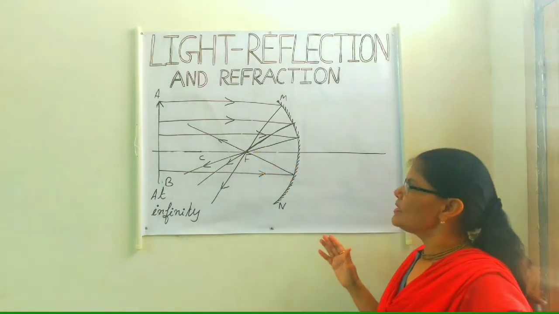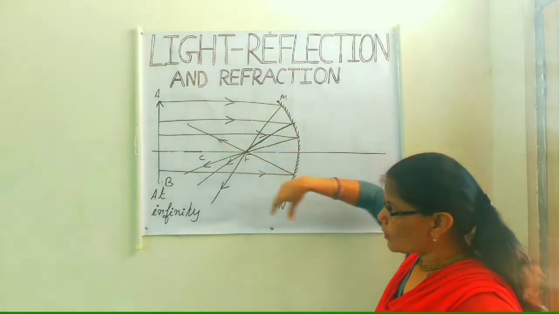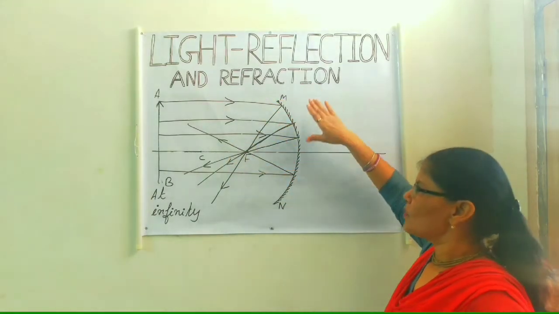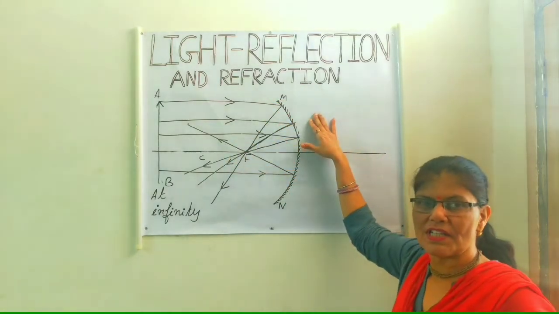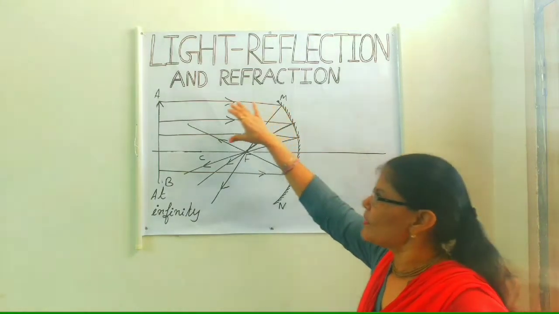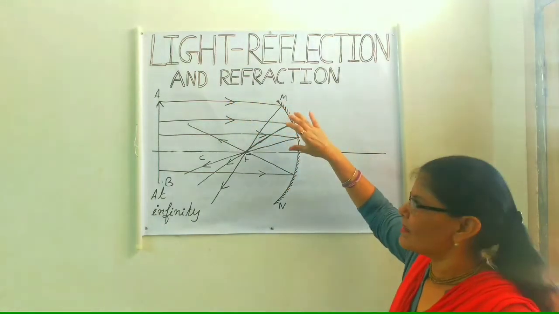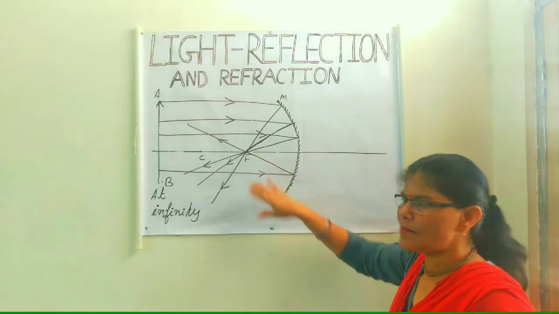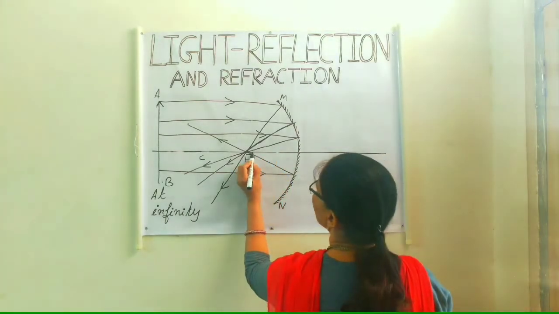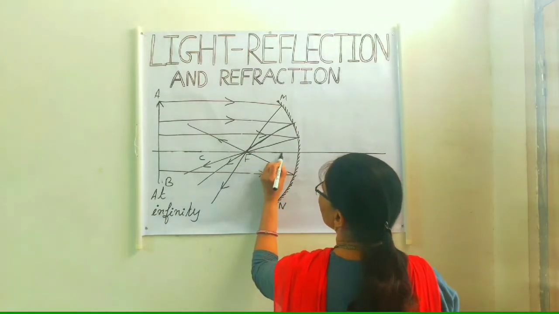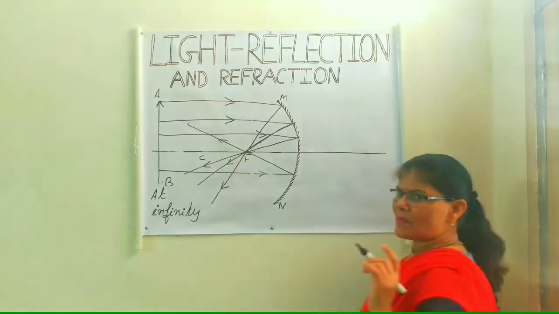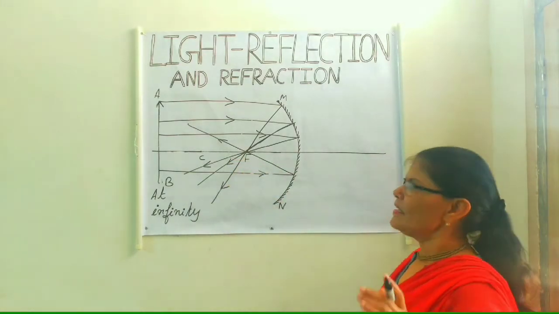So according to this picture, the concave mirror is called a converging mirror because all the parallel rays from the sun are converging at a single point, and that single point is our principal focus.